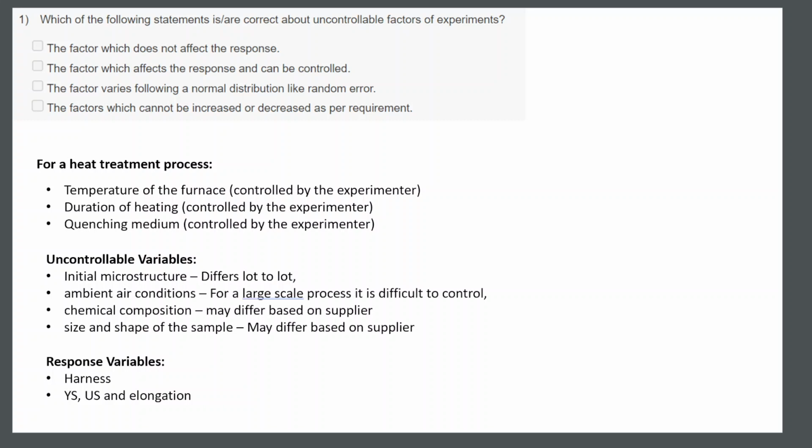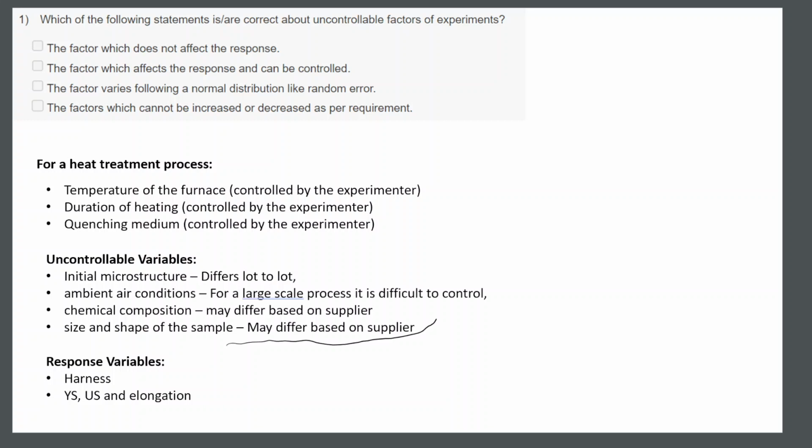We will be continuously procuring the product from one supplier, or we will be procuring from another supplier, so it may vary based on the supplier. Then size and shape of the sample also differ based on the supplier. In this case, the response variables might be testing hardness, yield, dimension, and elongation.